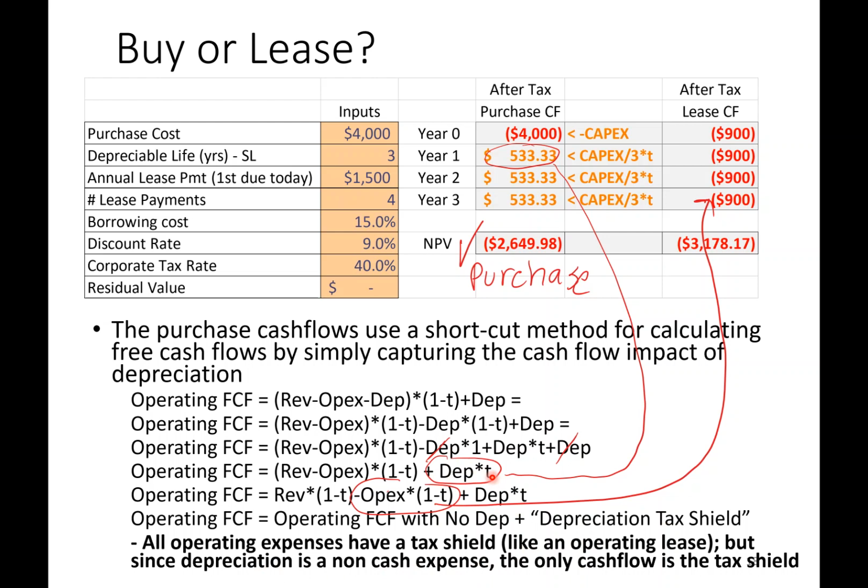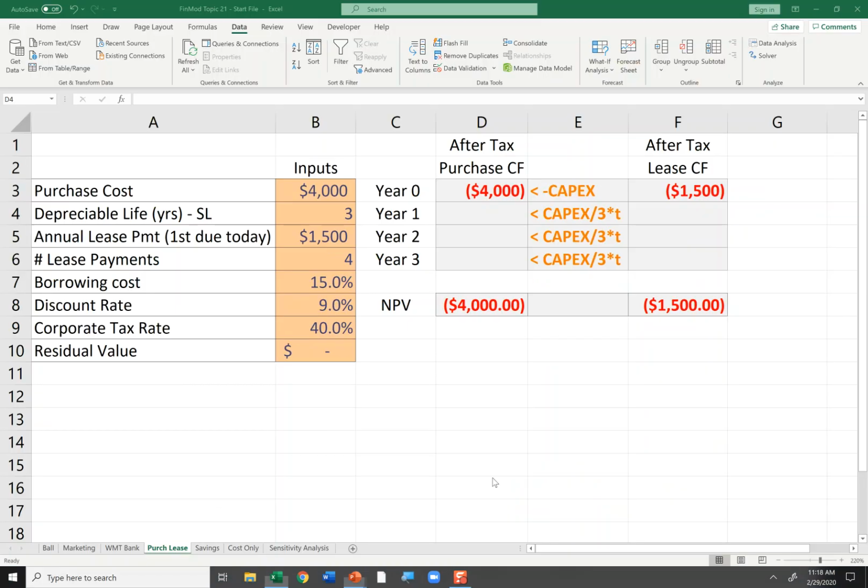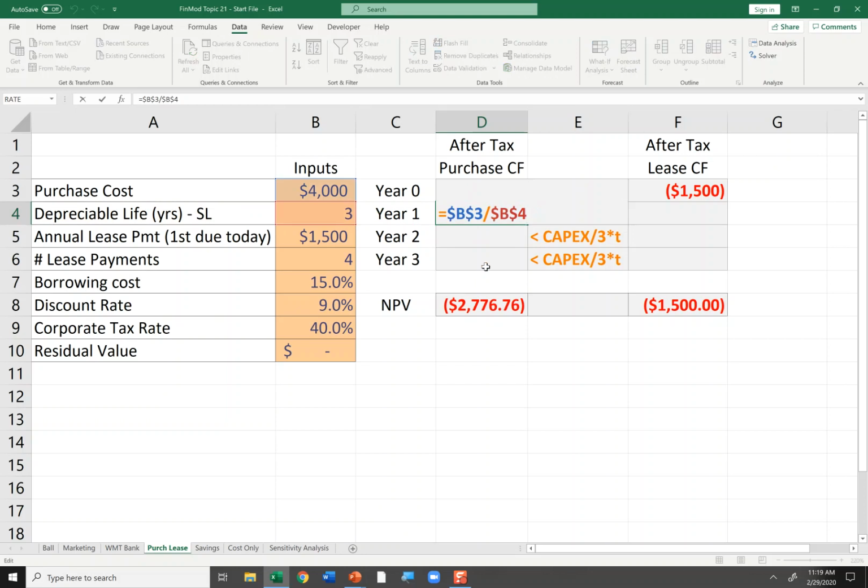So in our example, if we want to figure out the tax impact of buying a $4,000 computer, you never have a future actual out-of-pocket OPEX expense. However, you're going to have $4,000 divided by 3 as my annual depreciation. You're going to have this non-cash expense of $1,300.